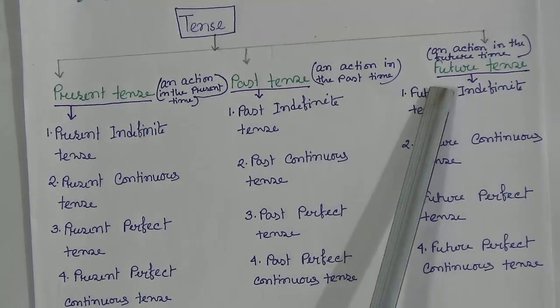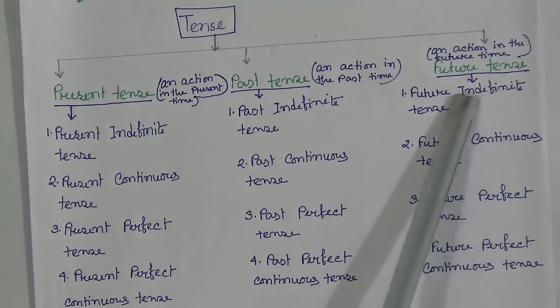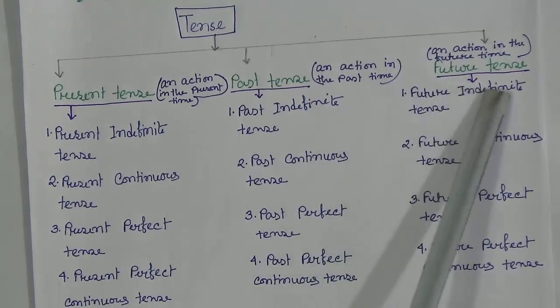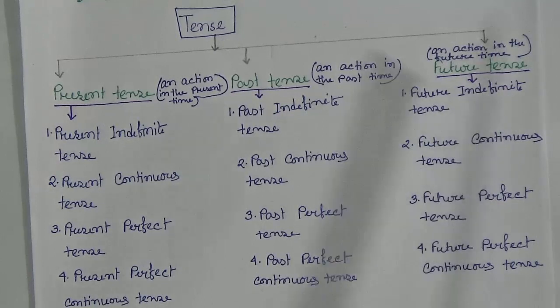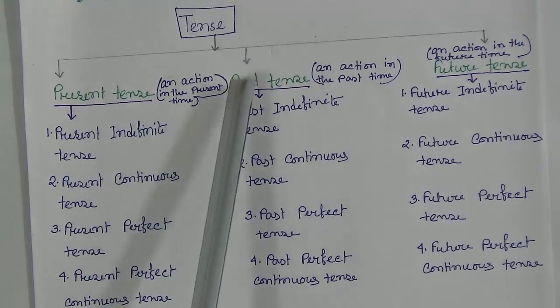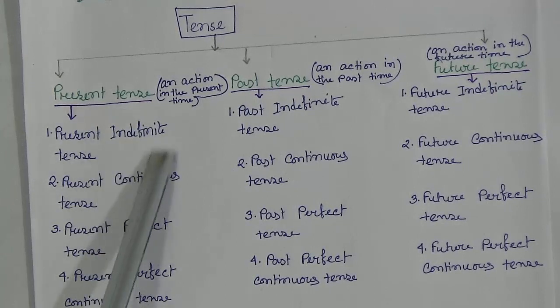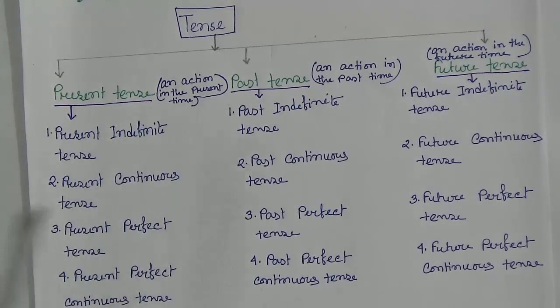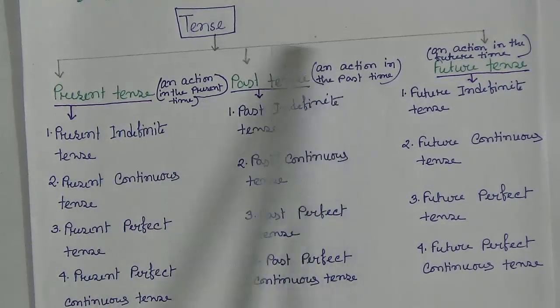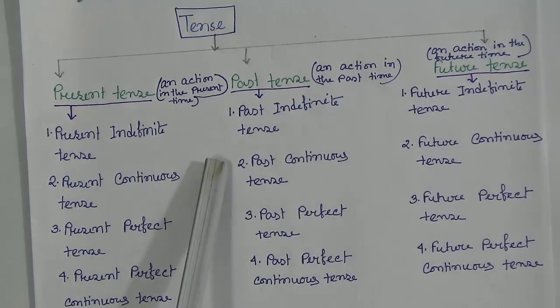And this is future tense. What is future tense? Future tense actually denotes an action that will happen in the future time. In present tense we find the action in the present time, and in the past tense we find action in the past time.